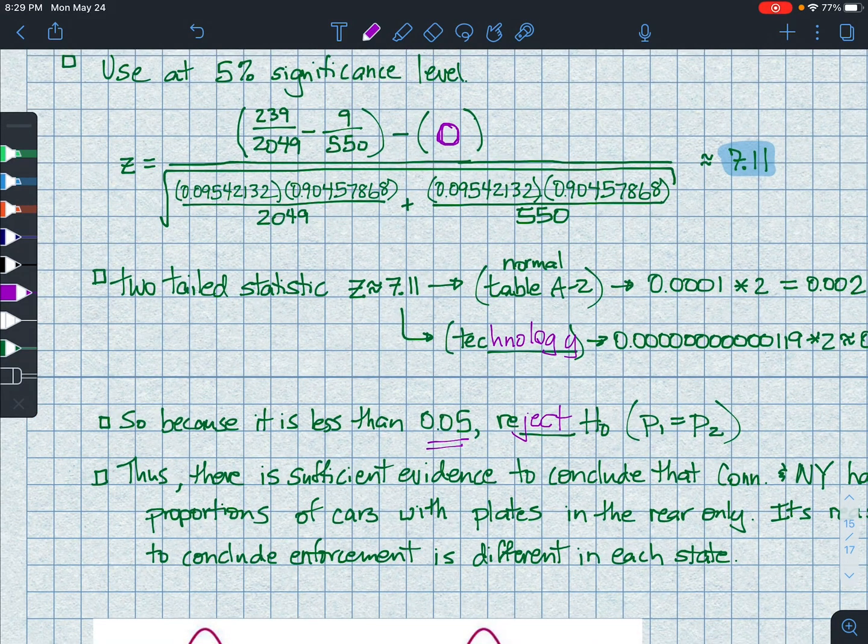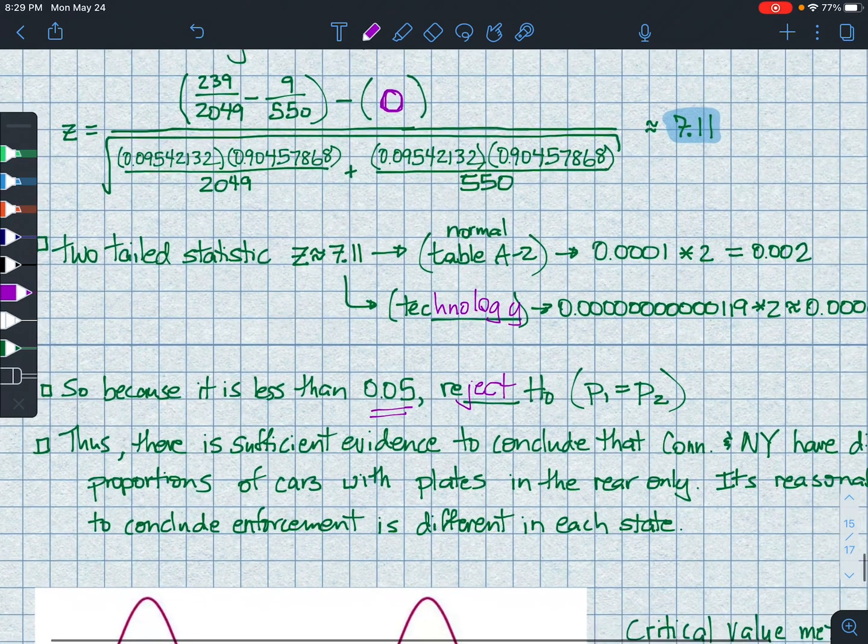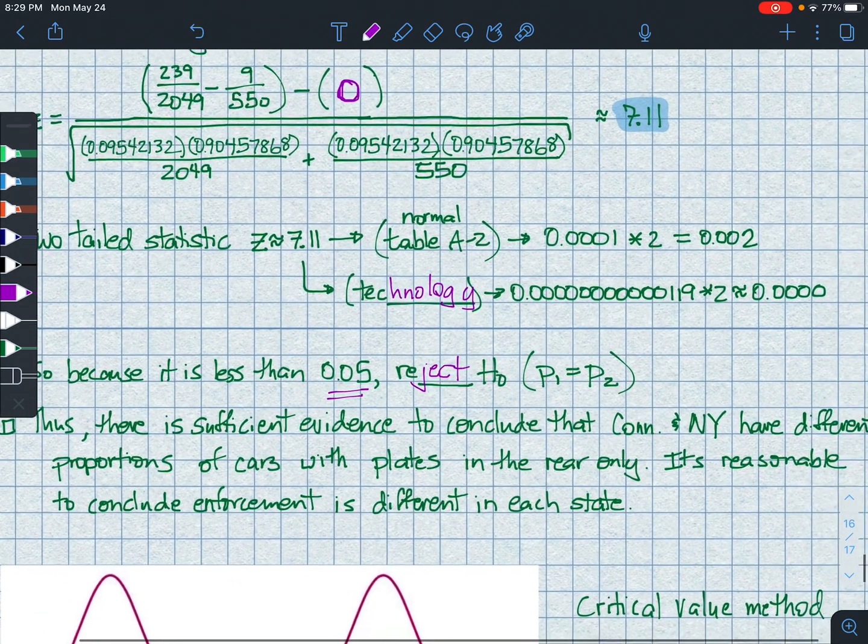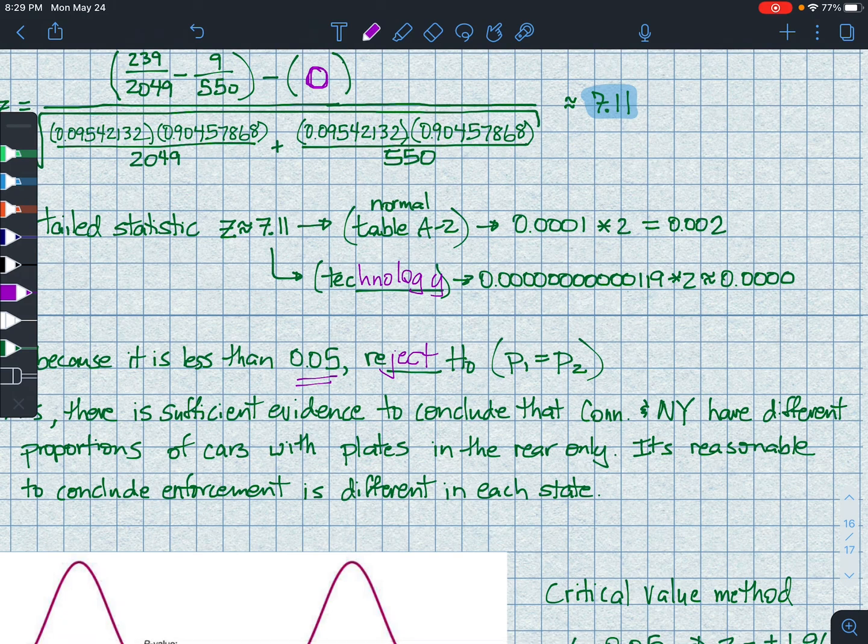We are in that zone of 2 standard deviations or more, so this was not chance. There is sufficient evidence to conclude that Connecticut and New York have different proportions of cars with plates in the rear only. So it's reasonable to conclude enforcement is different in each state. Otherwise, people wouldn't do that, right?